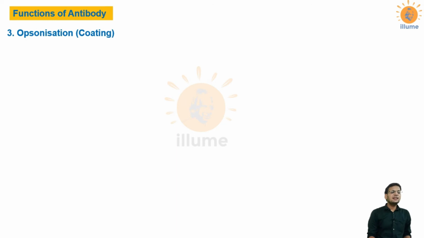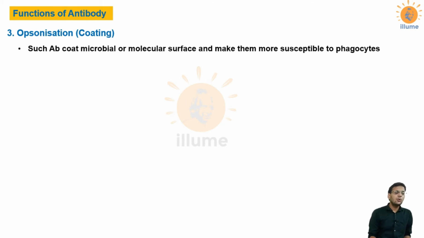Now the next mechanism is called opsonization or coating. Now what does that mean? See, consider this as a microbe or a foreign molecule. Some antibodies just coat these molecules or these pathogens. They will attach themselves to its surface. Once they get attached to these surfaces, phagocytes can easily recognize them.